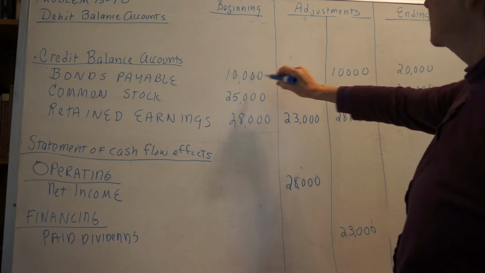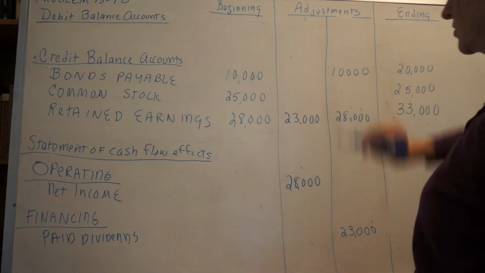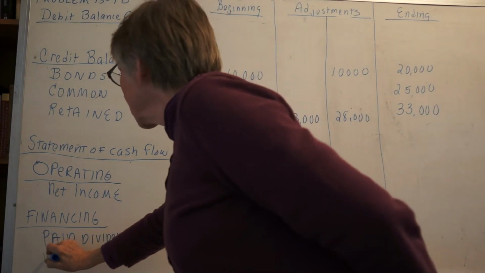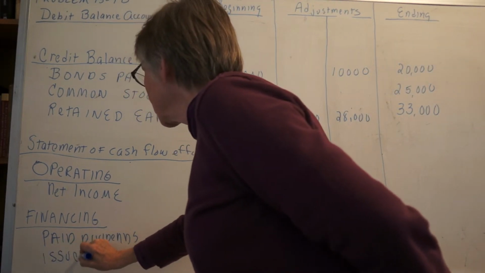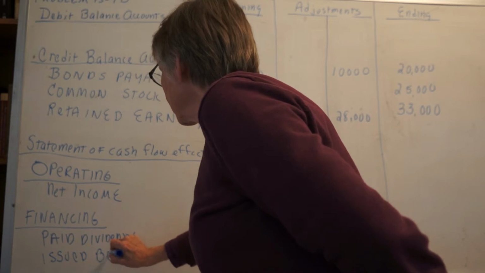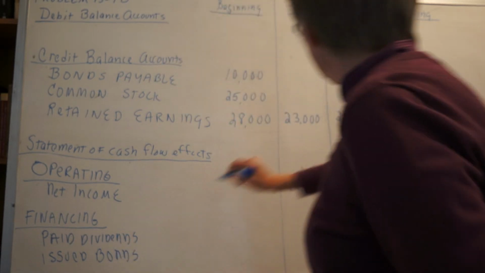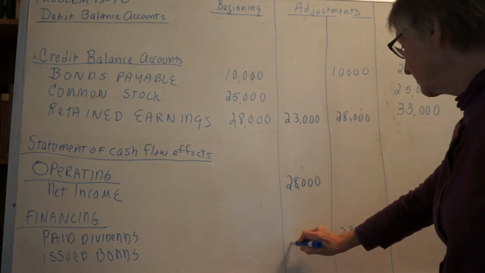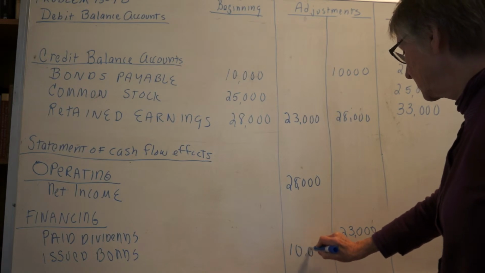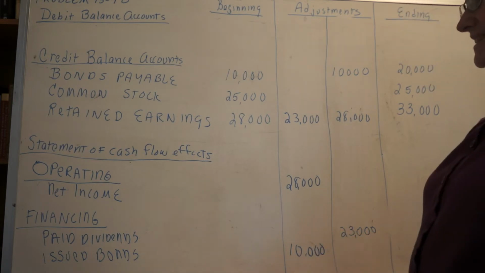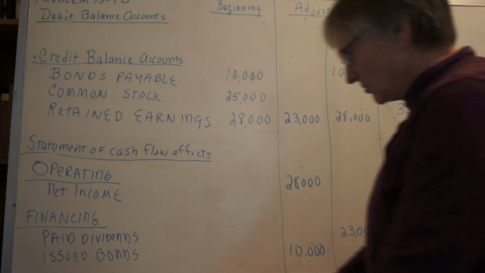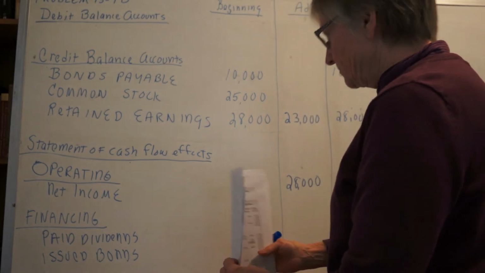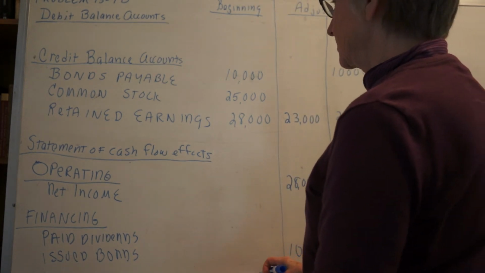Okay, because 10 plus 10 would give us 20. And so we would have to say we issued some bonds payable. Okay, and it's a credit up above. There would be a debit down here, which makes sense because we got the cash. Okay, so that's all of the financing activities.